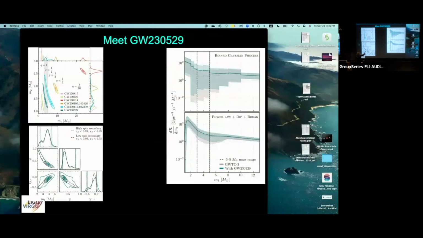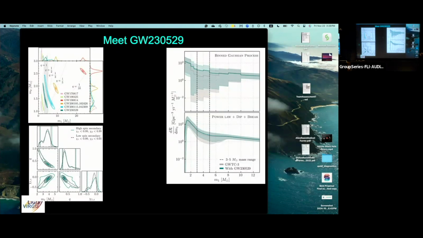I won't describe this plot very carefully. Let's come here, which is the updated population now. And now error bars are much smaller. 3 to 5 are the dashed lines. This is non-parametric, this is parametric.